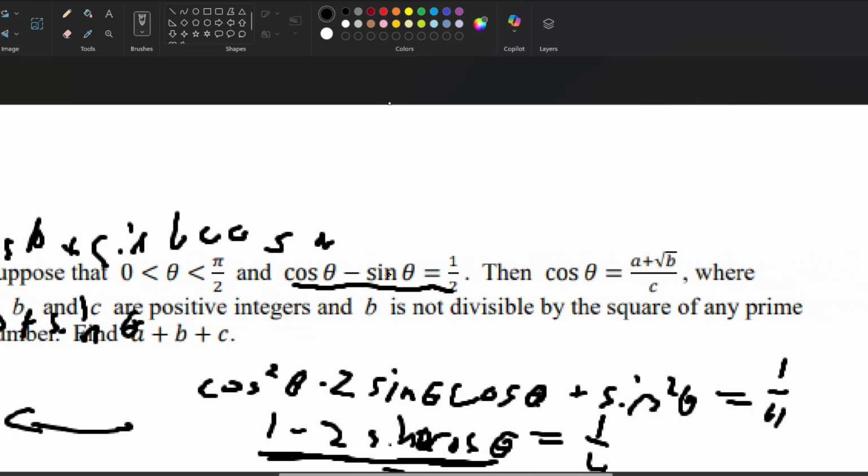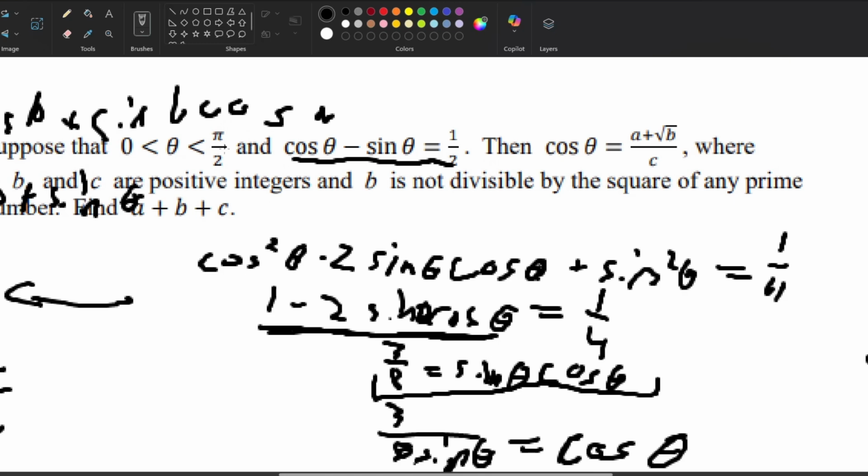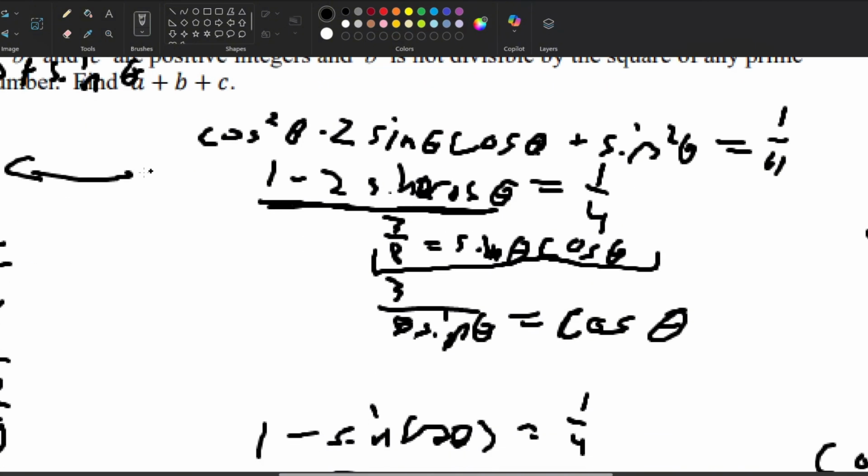Let's just think, cosine of theta, it's in between 0 and pi over 2. So between 0 and pi over 2, cosine goes through this, sine goes through something different. It goes from 0.